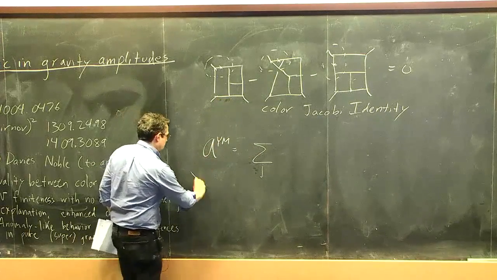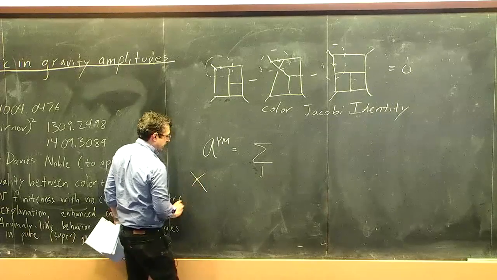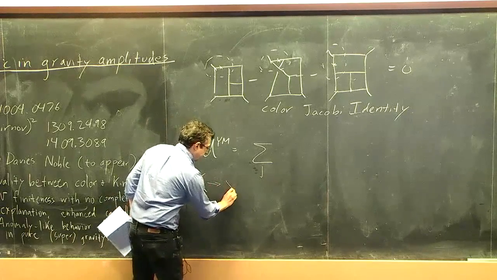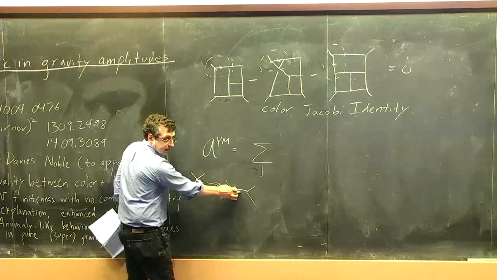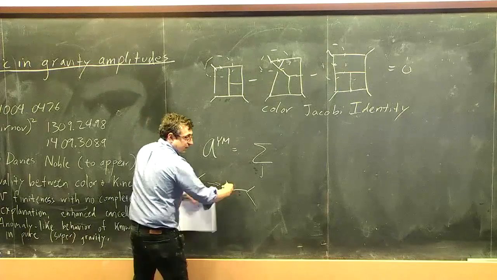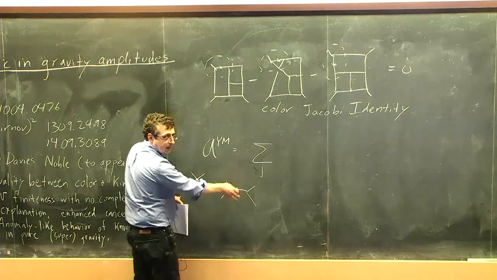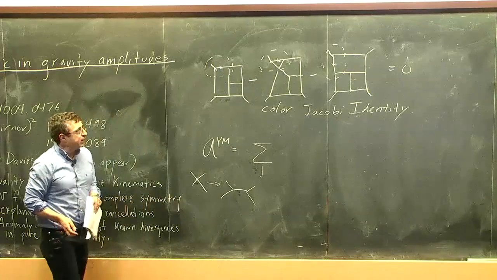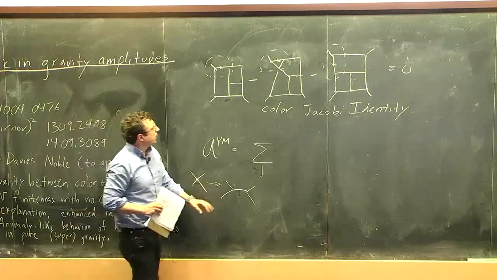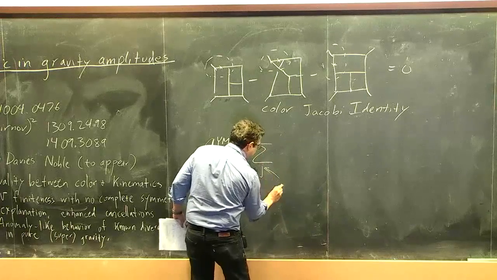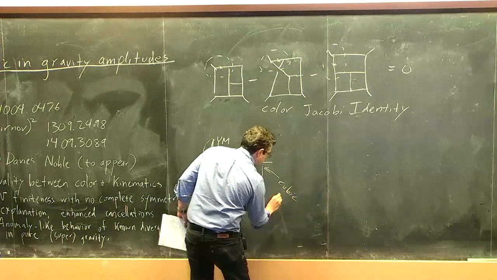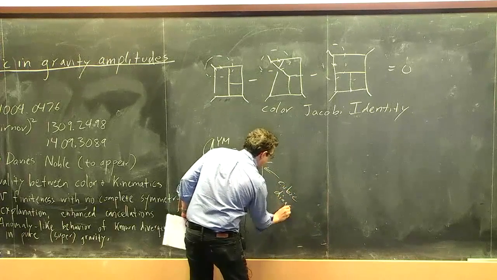So if I happen to have a diagram that has a contact term, what I do is I identify in here a color factor that looks like this diagram. And I just kind of explode it out, multiply and divide by whatever propagators I need, or inverse propagators. Okay. So this would be the sum over cubic diagrams with cubic vertices.